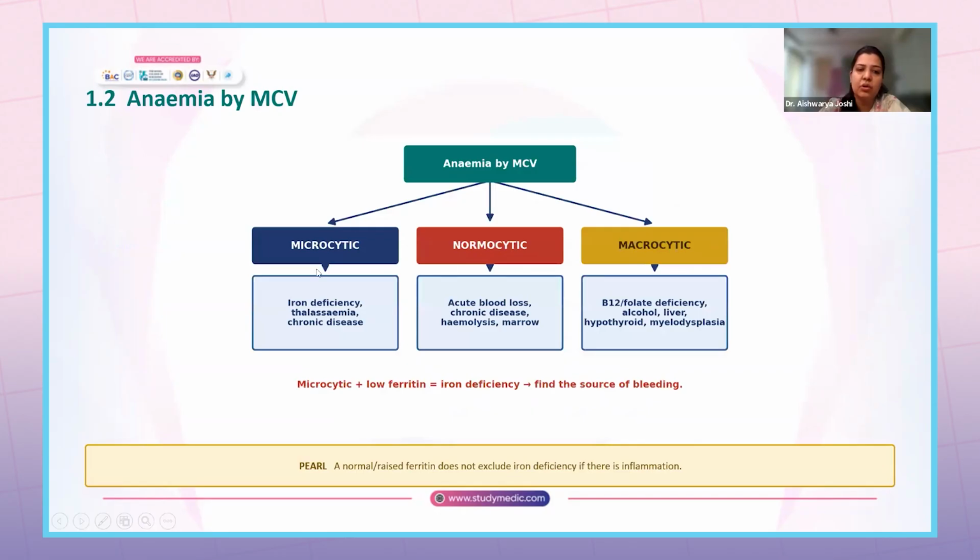Microcytic, like we just saw, same thing written in the form of a chart. So whenever iron deficiency is identified, you have to find the source of iron loss, that is, find the source of bleeding. A normal or raised ferritin does not exclude iron deficiency if there is inflammation.